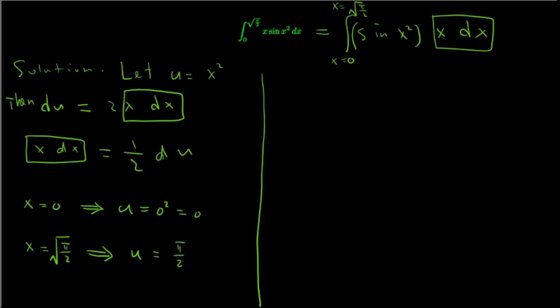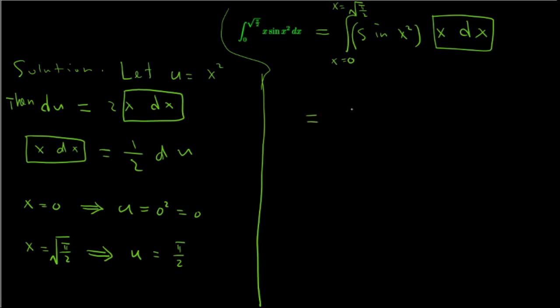Now in the next step we want to write everything in terms of u, including the lower limit and the upper limit. So I'm using these notations to indicate these are x values. Now I'm going to write everything in terms of u values.